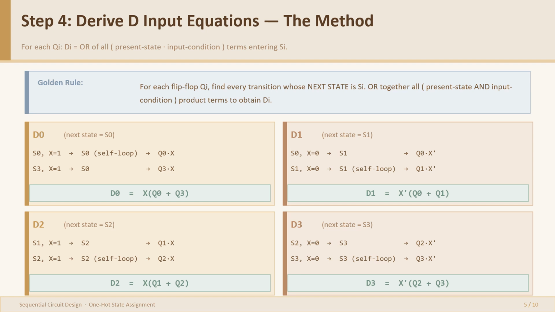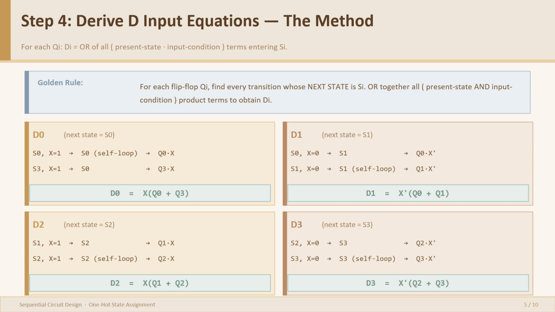This is the heart of the entire design. Let me state the key rule for one-hot design. For each flip-flop Qi, the D input equals the OR of every condition that causes the machine to enter state Si on the next clock edge.